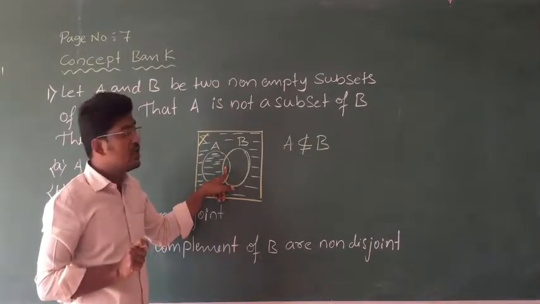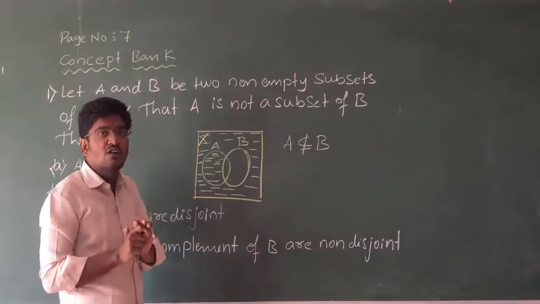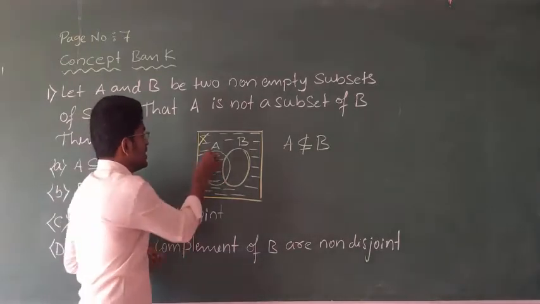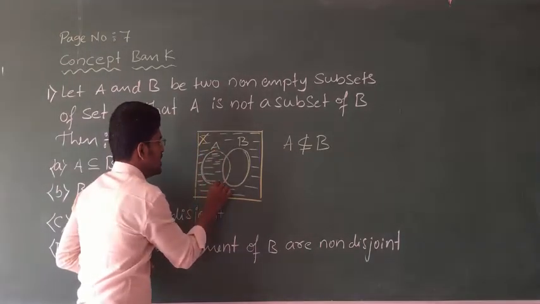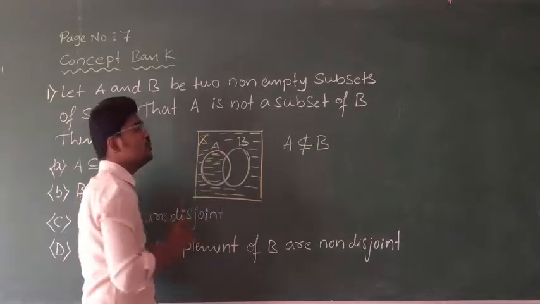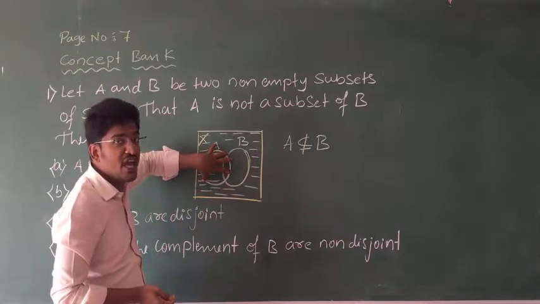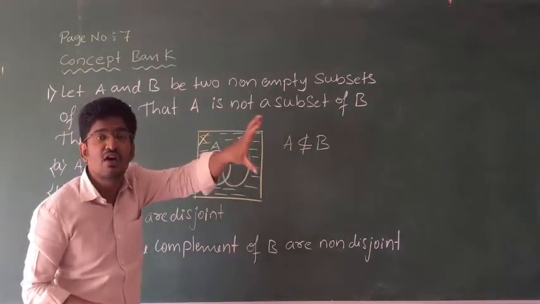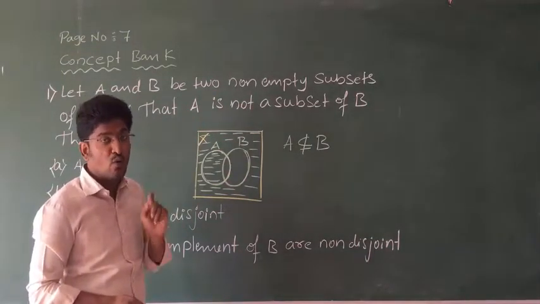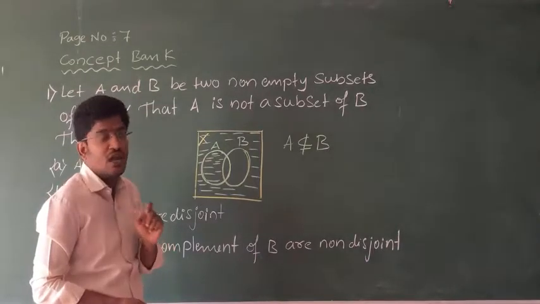Are you clear? So now, this is A. This A has to be the subset of B complement. Every element of A must be present in B complement. But what makes it wrong here?